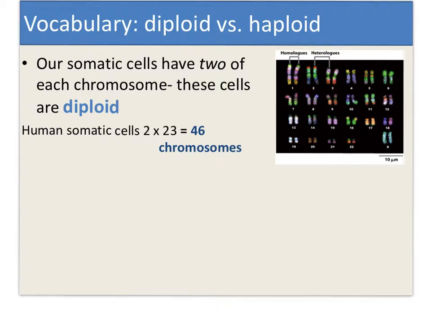Now, in human somatic cells, or autosomes, there's a total of 23 pairs of chromosomes, that's 46 total. 22 are autosomes and then 2 are sex chromosomes. The sex chromosomes are the only ones that differ in terms of the genes or loci on them. All the other ones have exactly the same genes.